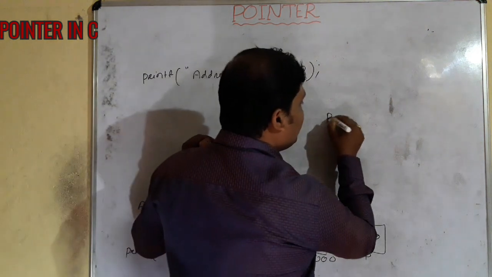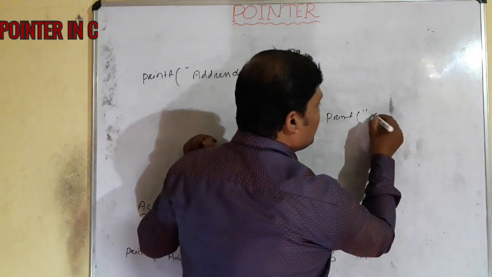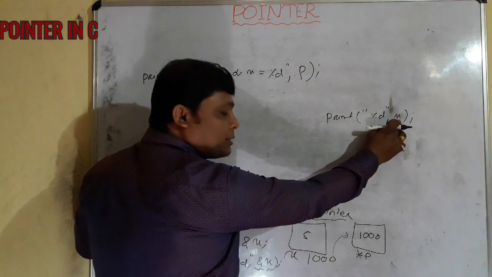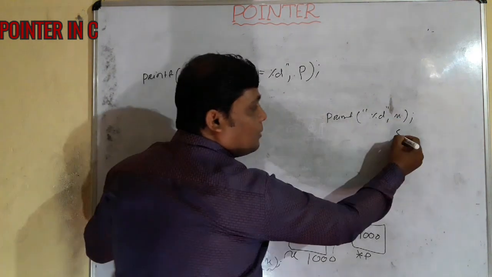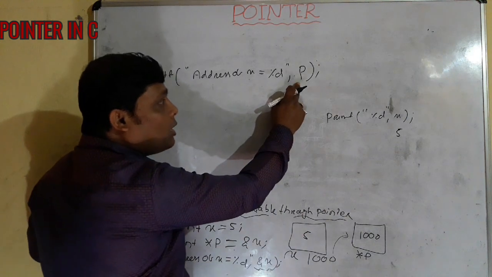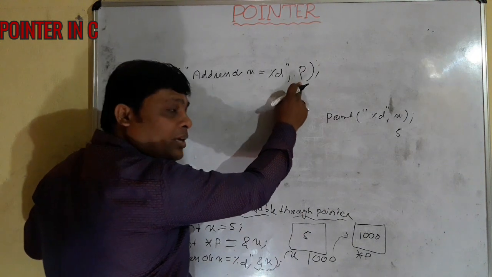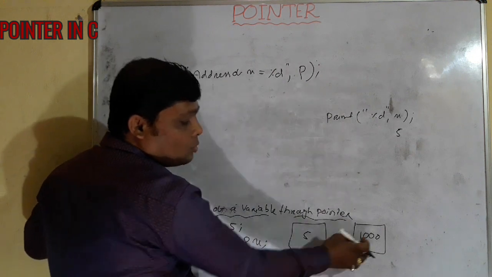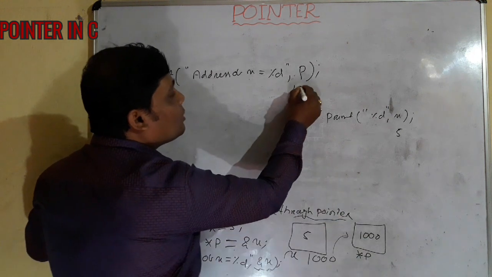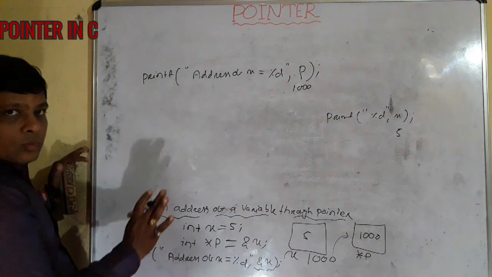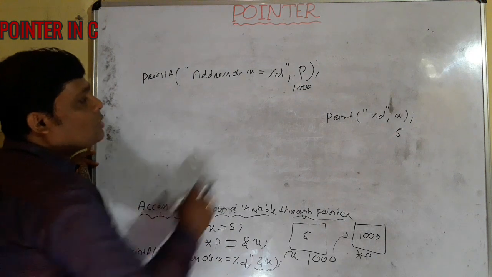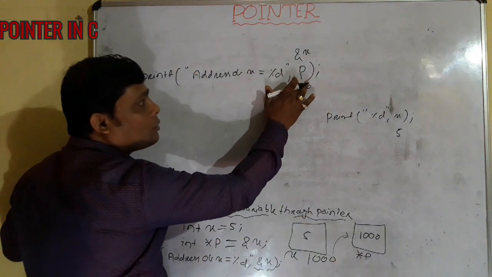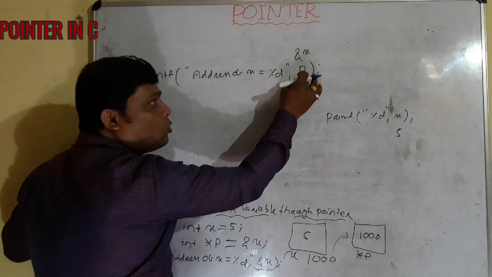Suppose I am writing printf %d x. x means what? What is stored in x? That is 5. It will display 5. p means what? What is stored in p? p is a pointer type variable. What is stored in p? 1000. So it will display 1000 for this example. Clear? So this is similar to &x. So we got the address of x through pointer.